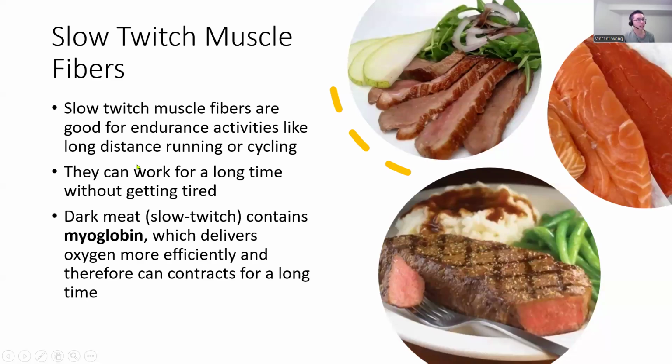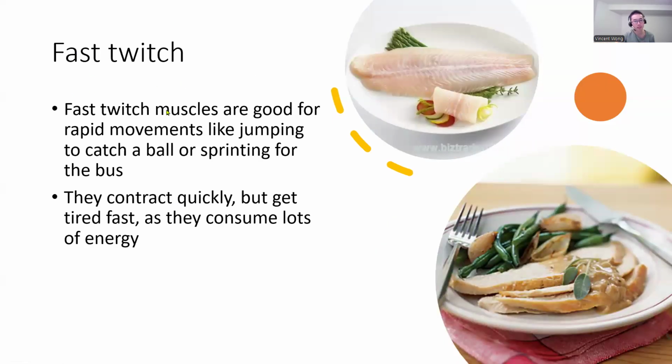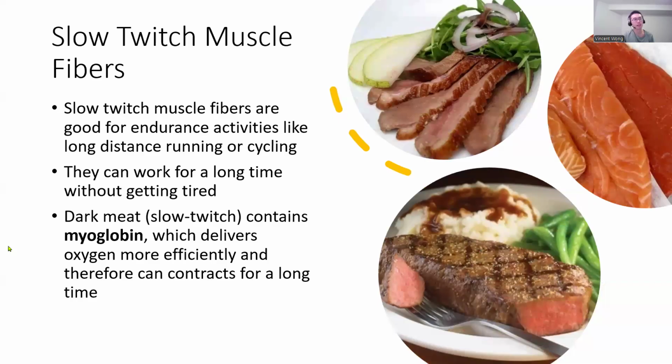Last part here, we're going to talk a little bit about two kinds of muscles. We have slow twitch muscle and fast twitch muscle. Each of your muscles, your bicep, your pecs, your pectoralis major, your shoulder muscle, trapezius, all these muscles have different kinds of muscle fibers in them.